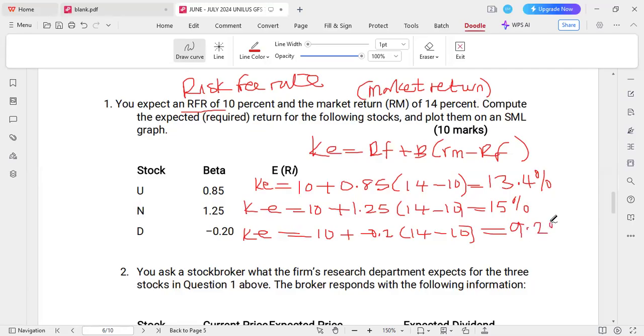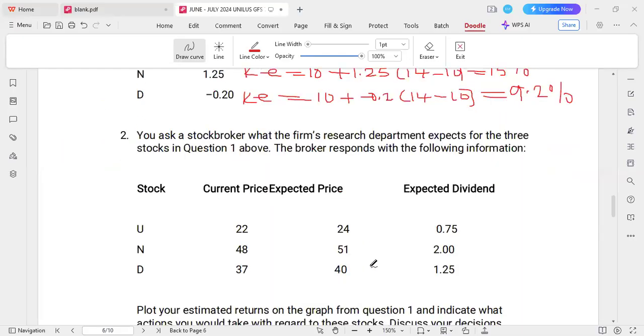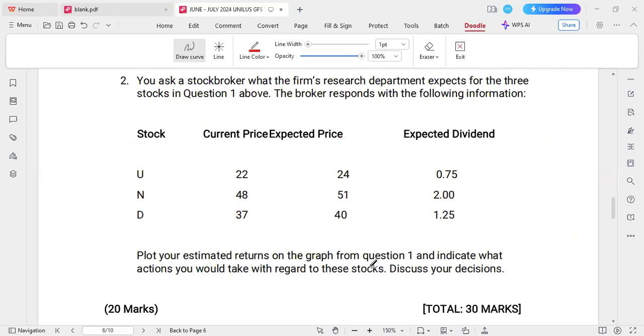So this is actually the cost of equity using the capital asset pricing model. All right, so this is what we are getting down. Now this is about what we have here concerning the information given.